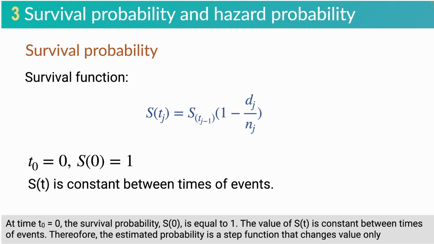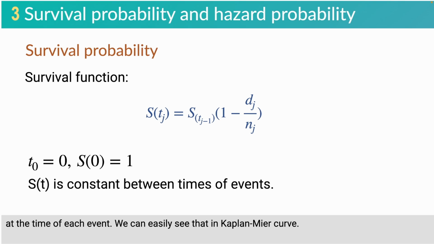At time t0 equals 0, the survival probability S(0) equals 1. The value of S(t) is constant between times of events. Therefore, the estimated probability is a step function that changes value only at the time of each event.